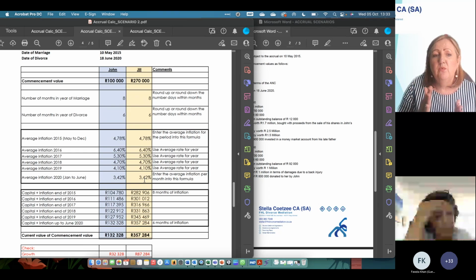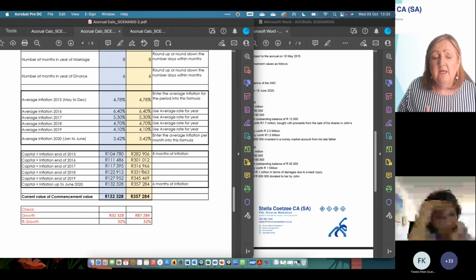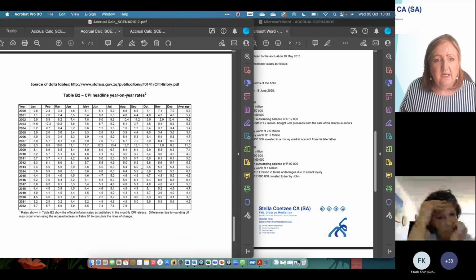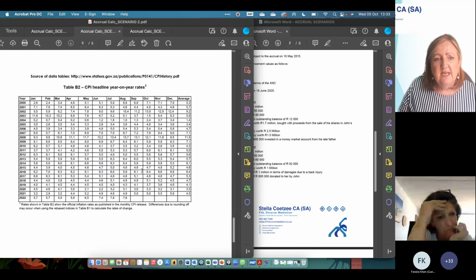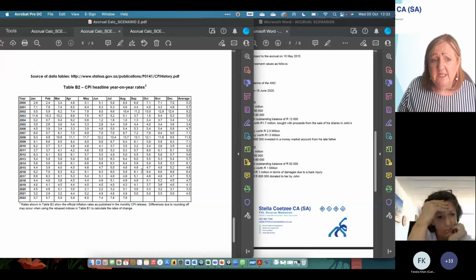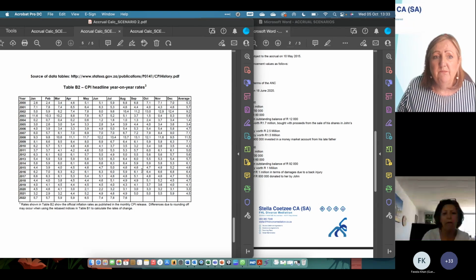The reason why we work in years is because we look at the CPI values per year. Here is just a snapshot of the CPI numbers that you can download from Stats SA. It goes back to 2 million years ago, so you can get really old stats. Just another tip for you guys: when you go to that website, there is a table B1 and a table B2.